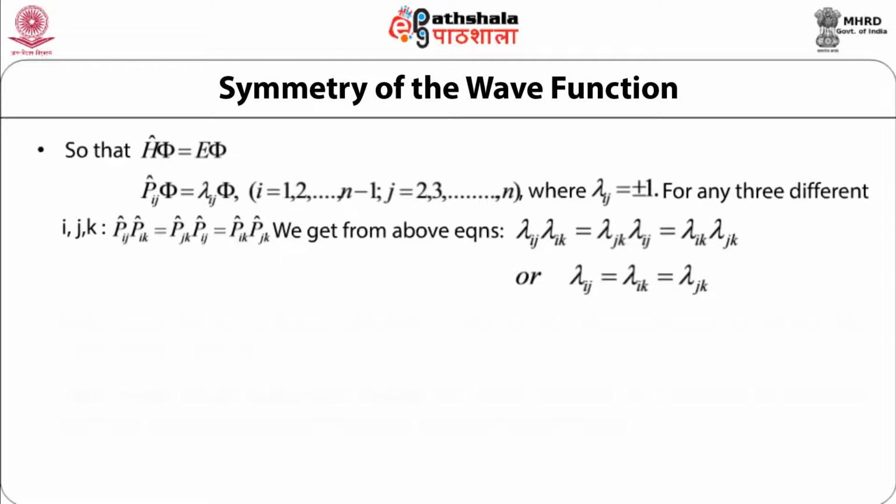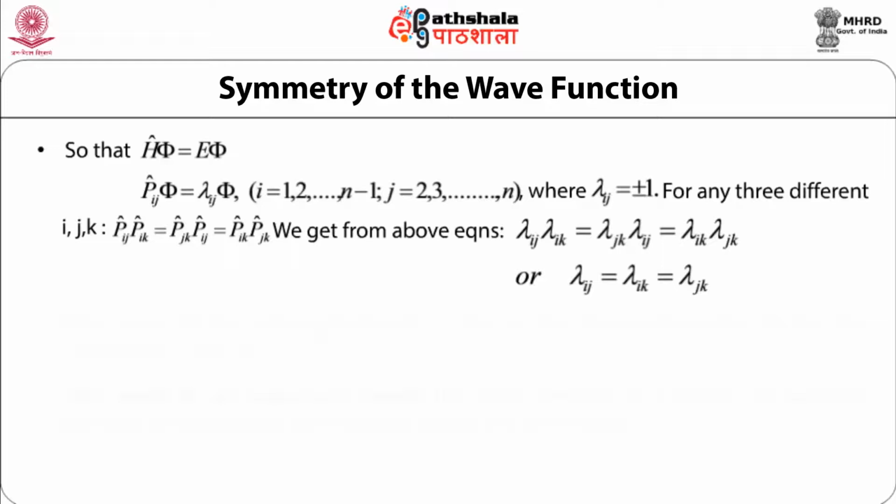And for any three different values i, j, k, the permutation operator P_ij acting on P_ik is equal to P_jk acting on P_ij, and this is equal to P_ik acting on P_jk.